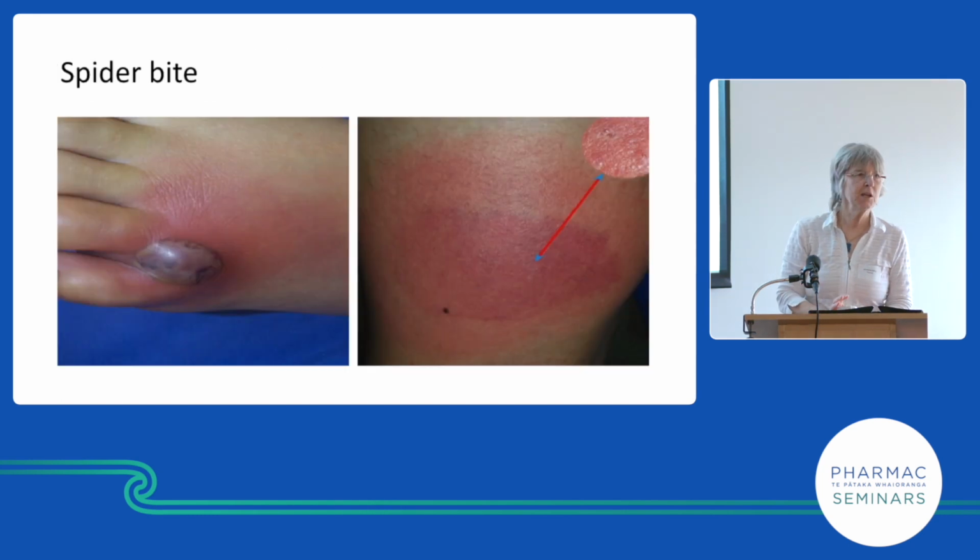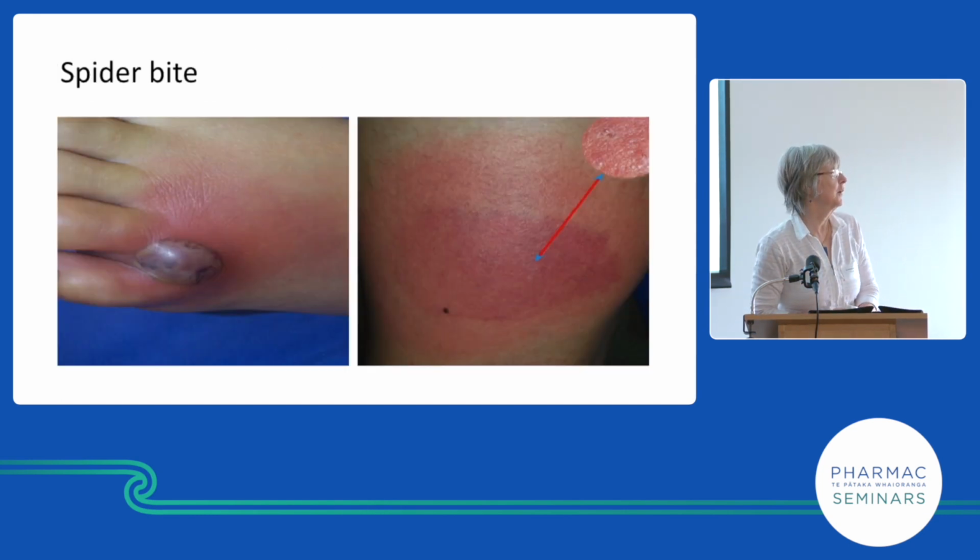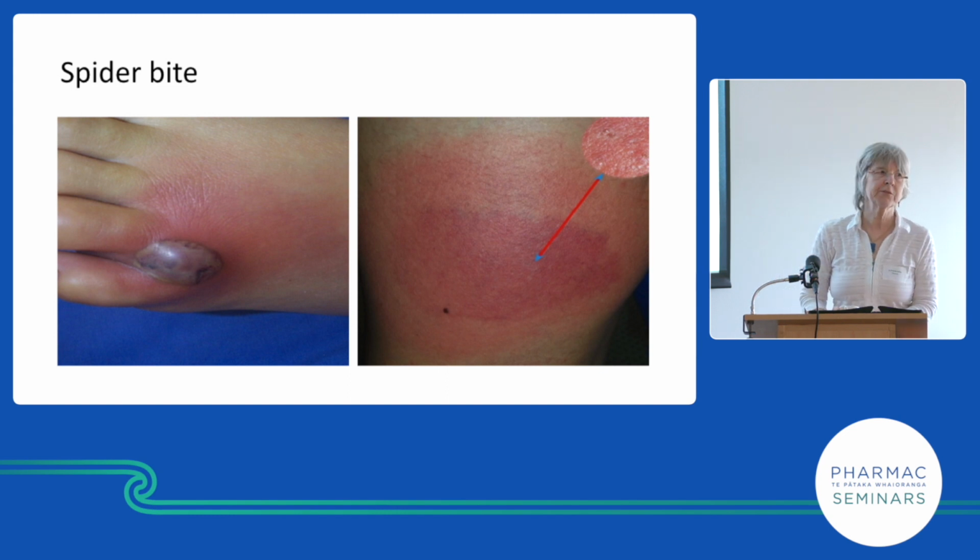Okay, so this is the one and only condition I believe was due to a spider bite. This was a 14-year-old girl. She did not see a spider. However, she was at rowing camp and they were camping, and she went into the boat shed and put boots on in the dark.